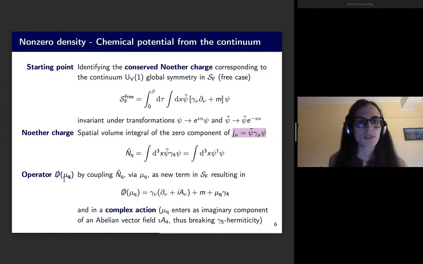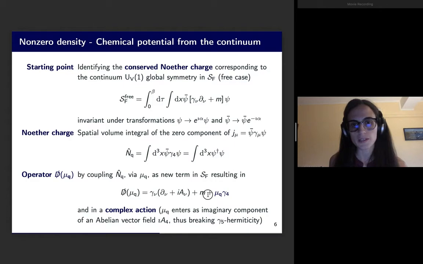Okay, at that point, how do we come up with an expression for the corresponding Dirac operator at non-zero quark chemical potential? By coupling the quark number operator via the quark chemical potential as a new term in our fermionic part of the action, which in particular modifies the Dirac operator in the following way.